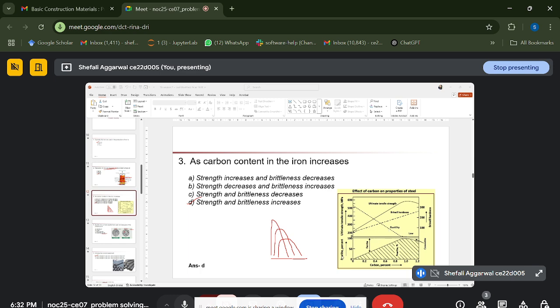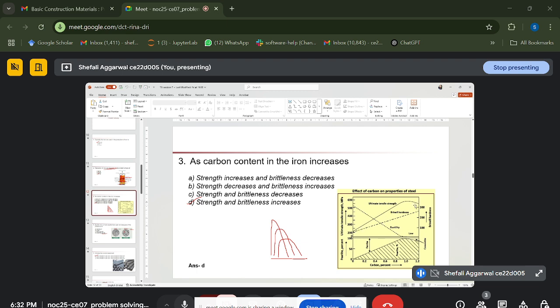Yes, ma'am, that question is based on this graph. If you are increasing the carbon percentage, generally we won't go beyond 3% carbon. If you have seen the iron carbon phase diagram, the maximum is 3%, and in the case of our steel, we are giving a maximum of 1.2%. So increasing carbon percentage decreases the ductility and increases the strength.